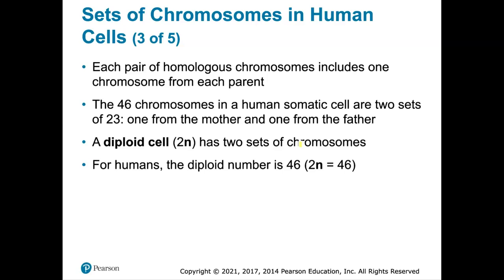We use the term diploid, and we represent it with the symbol 2N. That represents cells that have 46 chromosomes, or 23 pairs, because the diploid number in humans is 46.